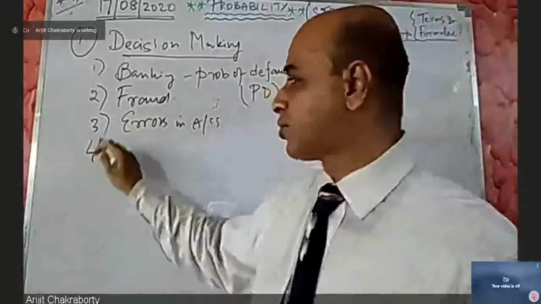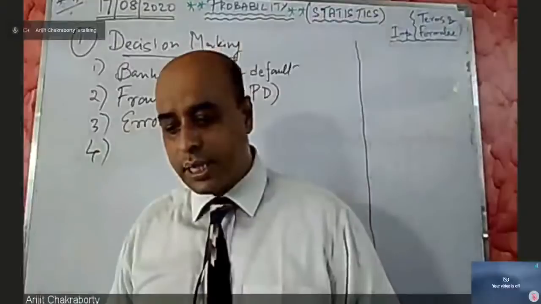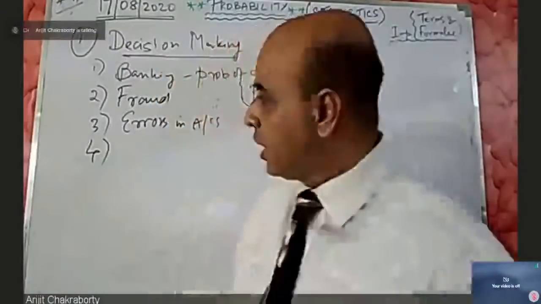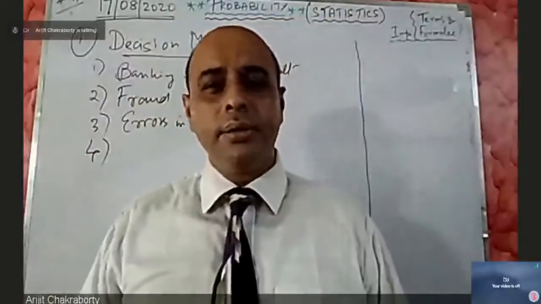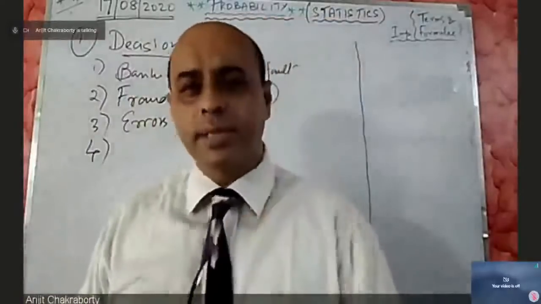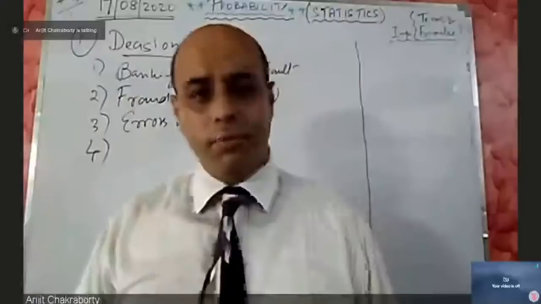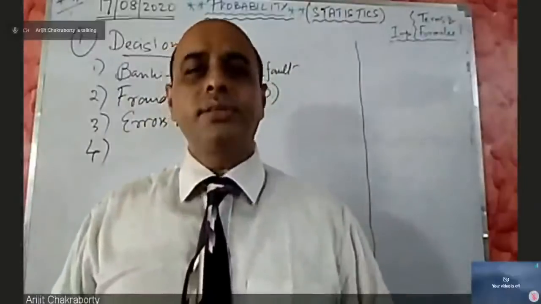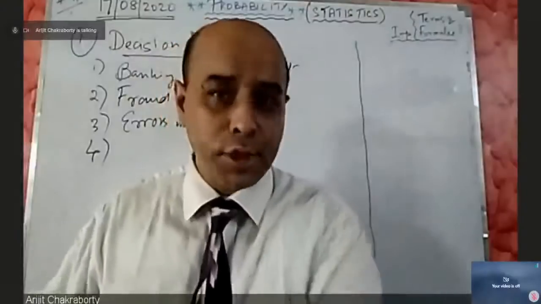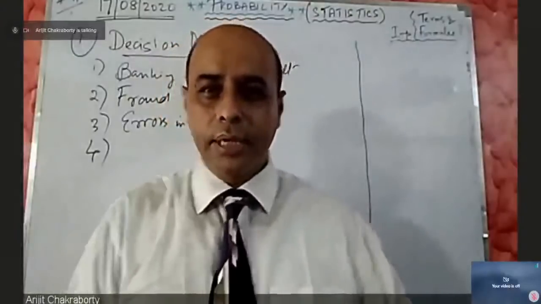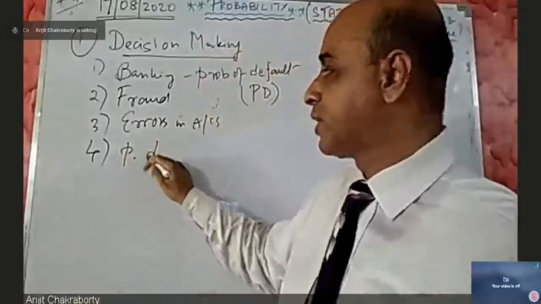The fourth industrial example is defectives. Say you are a manufacturing company. You are producing cars, you are producing handsets, you are producing any commodity. What is the chance that there is a defective in a batch of 100 items? So probability of defectives.